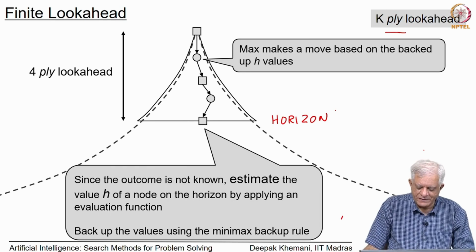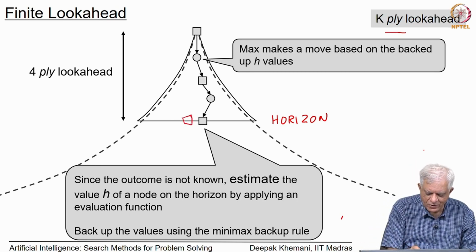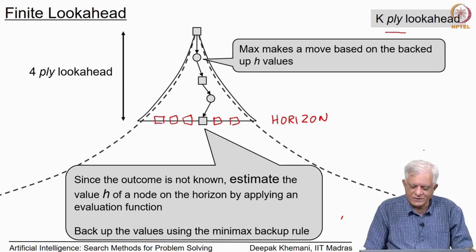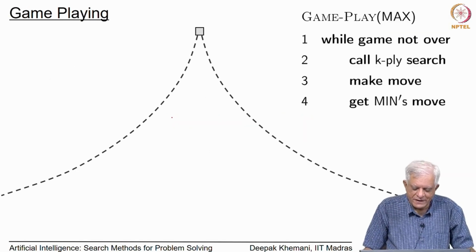And after we have applied the evaluation function, we back up. So, we have applied the evaluation function to all the nodes on the horizon. I have not drawn all of them, but you can imagine that at all the nodes you apply the evaluation function, and then you back them up, and based on the backed up value, max decides what is the move to be made.